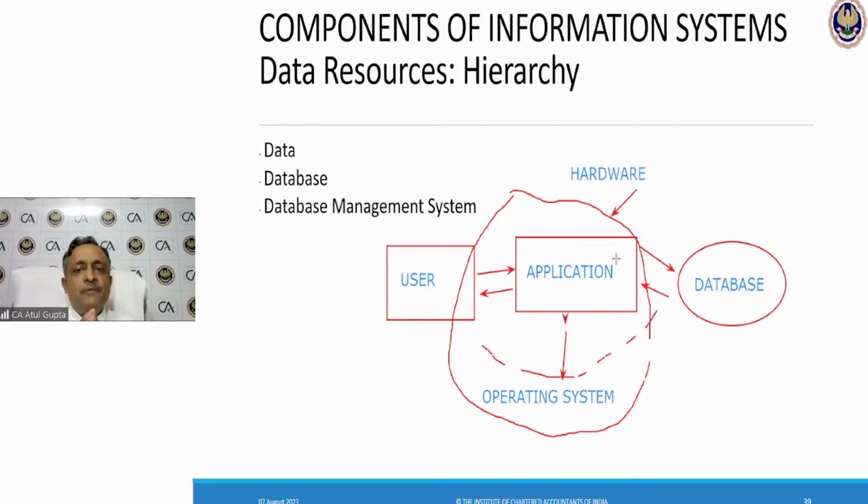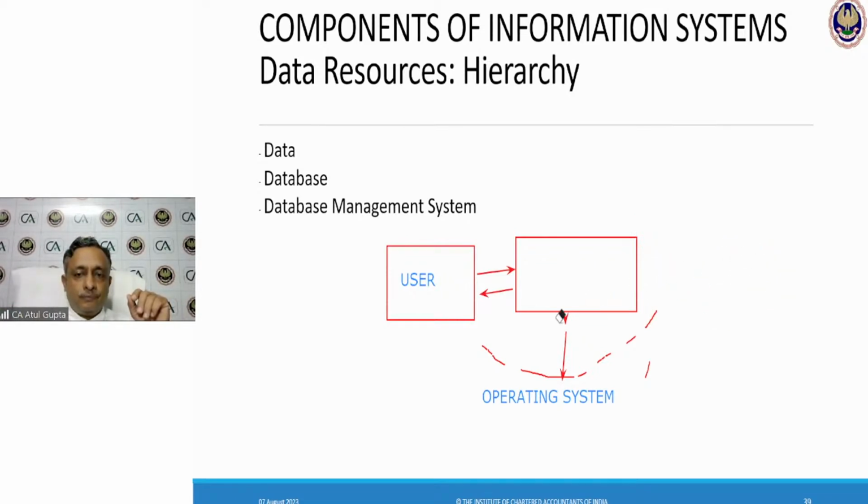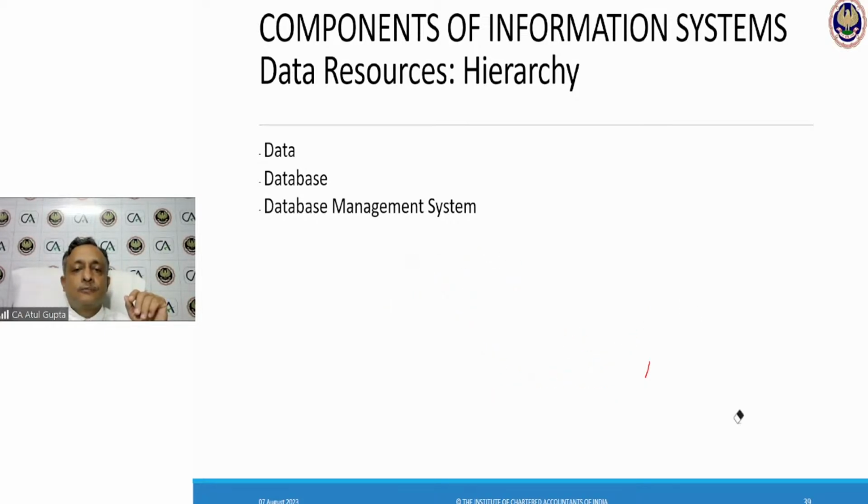The only difference is, if it is installed, then it is your own hardware. If it is cloud-based, it is on a third person's hardware. So that is how these operate.